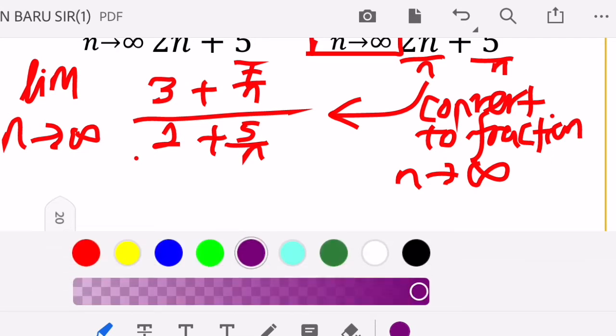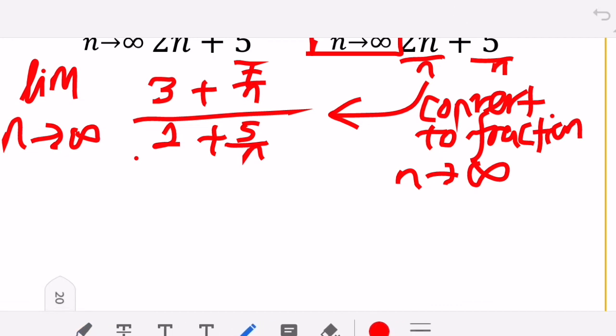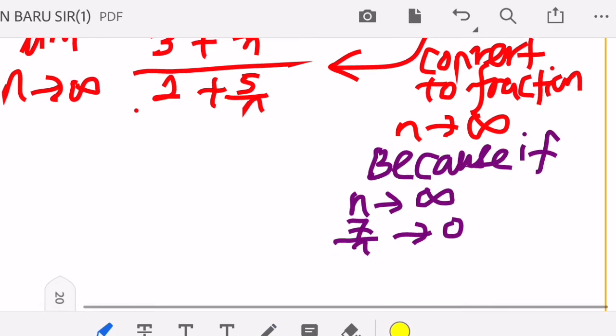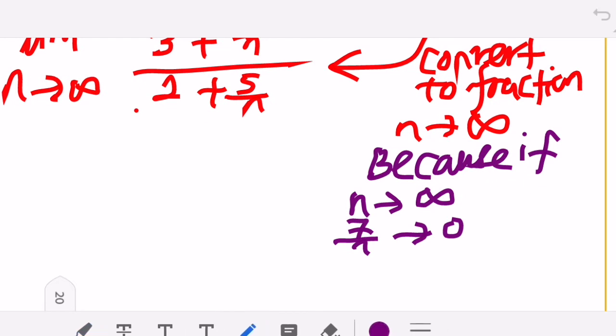After that, you can say when n approaches a very big number, 7 over a very big number will approach 0. And 5 over a very big number will also approach 0.